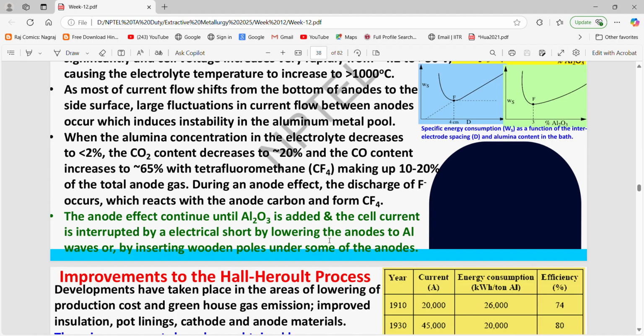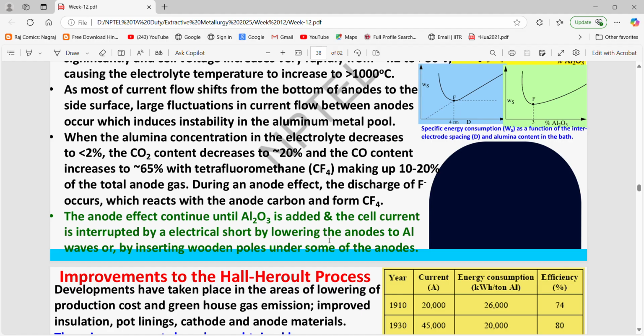The anode effect continues until Al2O3 is added and the cell current is interrupted by an electrical short, by lowering the anodes to the aluminium base or by inserting wooden poles under some of the anodes. So that is something we have to manage during the whole processing step when we are trying to recover the aluminium and the alumina concentration in the electrolyte is decreasing to less than 2%.